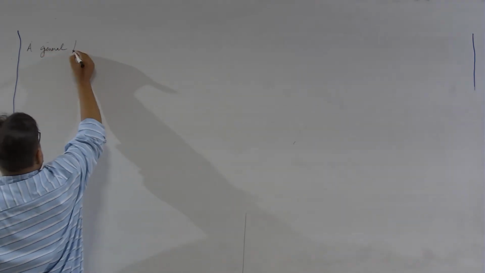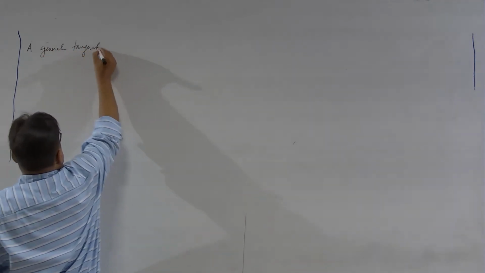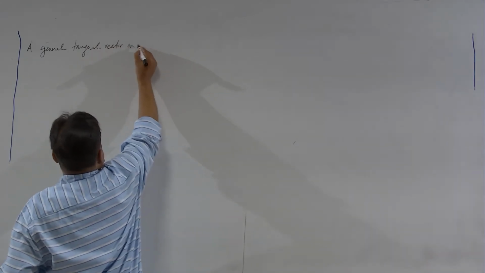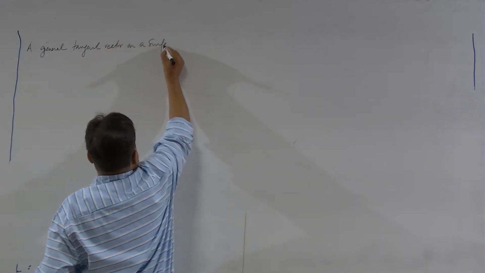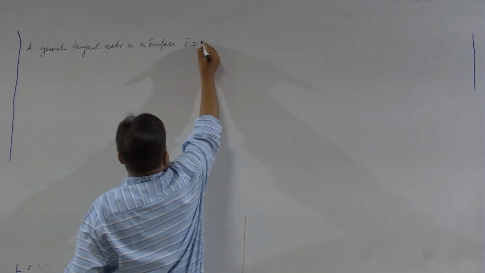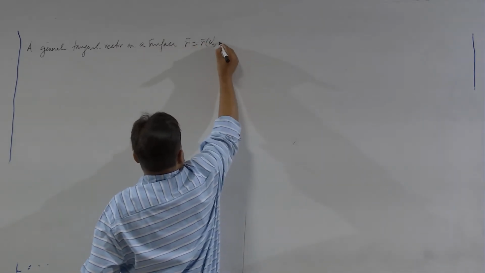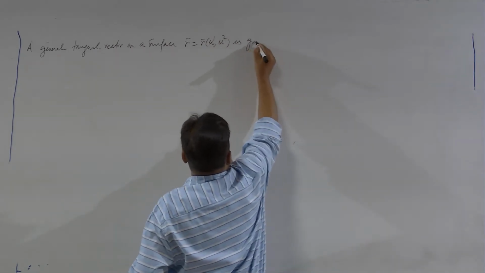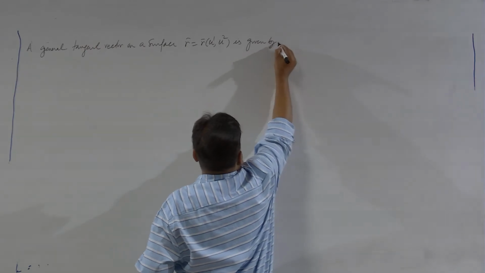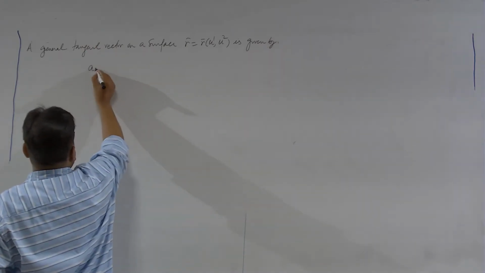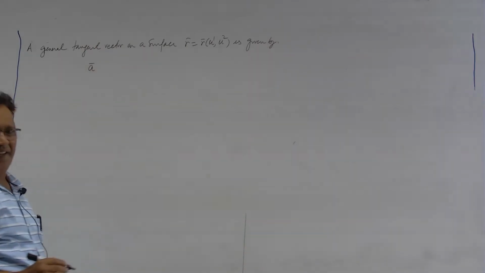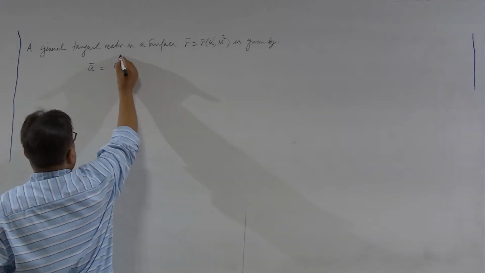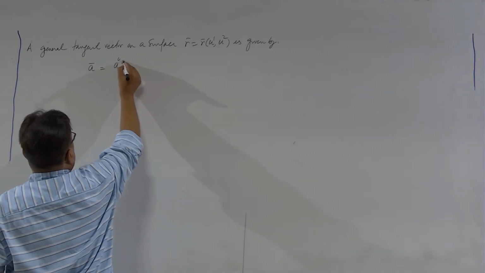So, a general tangent vector on a surface r equal to r of u1 u2 is given by, let me call the tangent vector A. It will be a linear combination of the basic tangent vectors r i's.